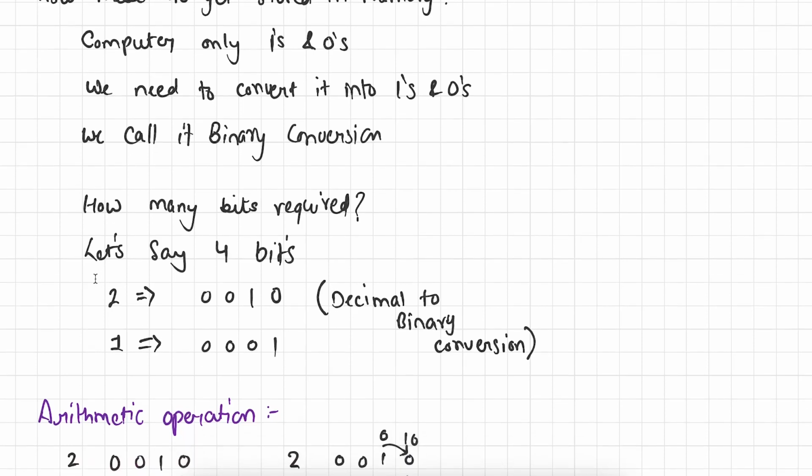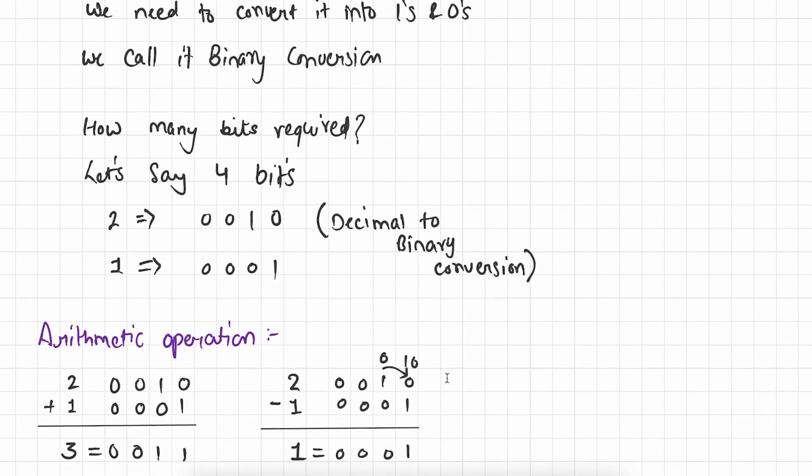When we convert from decimal to binary, we get 0010, and this is its binary representation. Same with the number 1: the binary representation of number 1 is 0001. This is how we represent 2 and 1 in binary format, and we store the same binary representation in memory also. So far so clear.